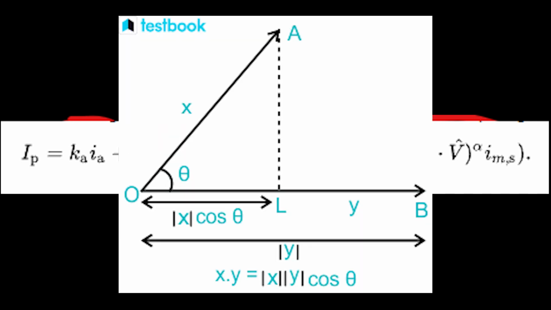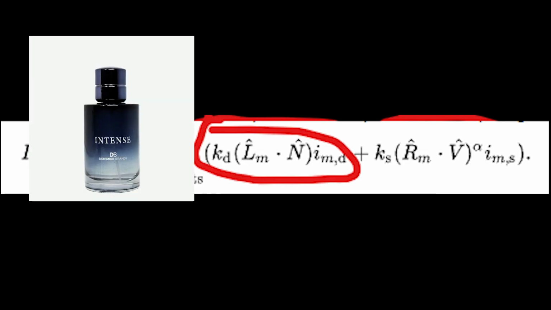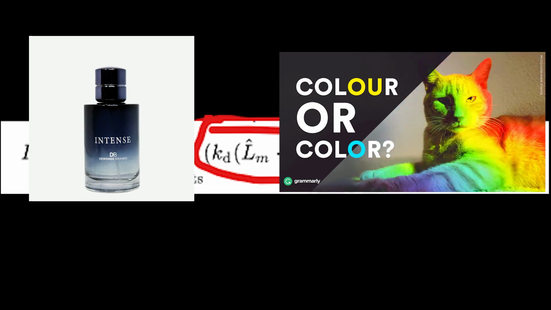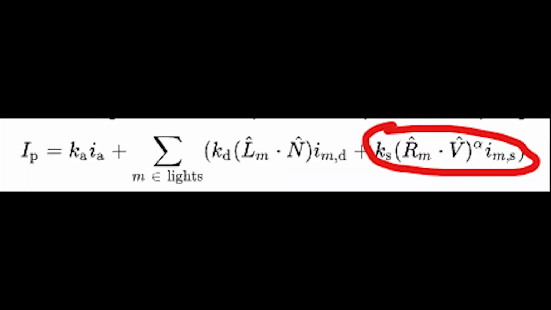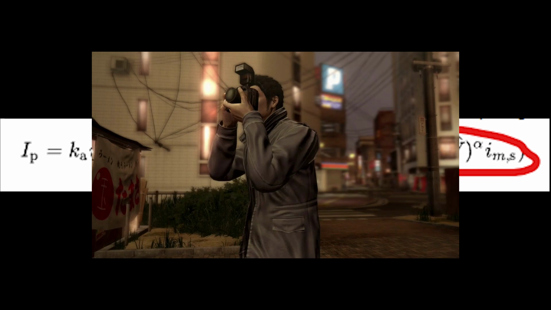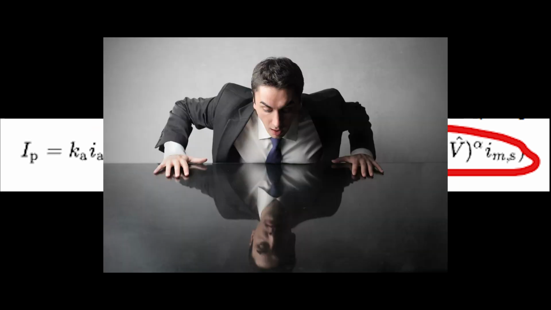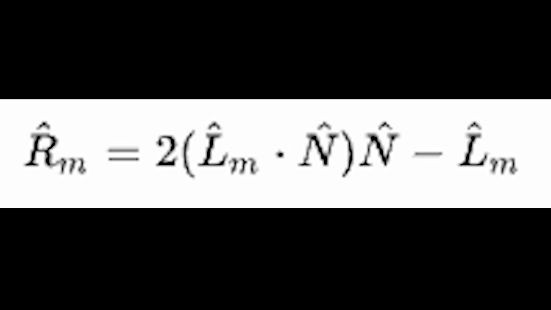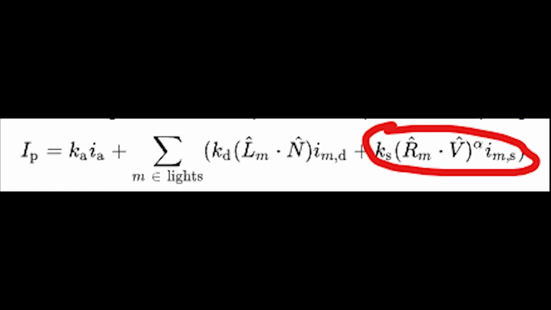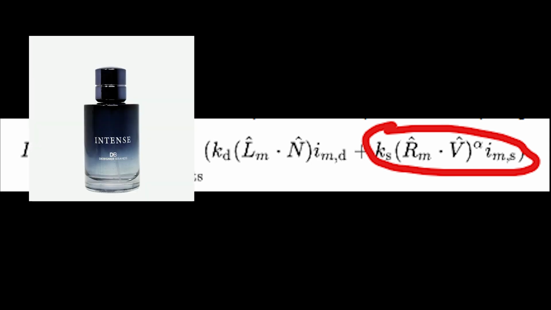You get the dot product of those two vectors, and then you times it with the intensity and color of the diffuse part. And for spec, instead of getting the dot product of light and normal vectors, you get the dot product of the camera vector and the reflection vector, which is just a formula where you use the light and normal, and then you times it by intensity and color.